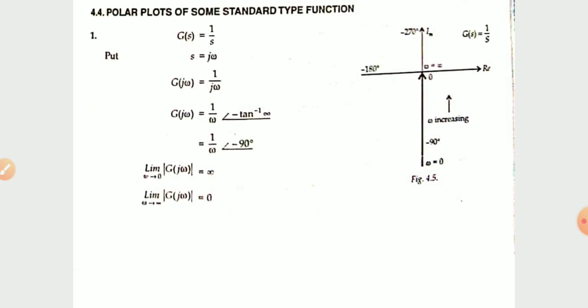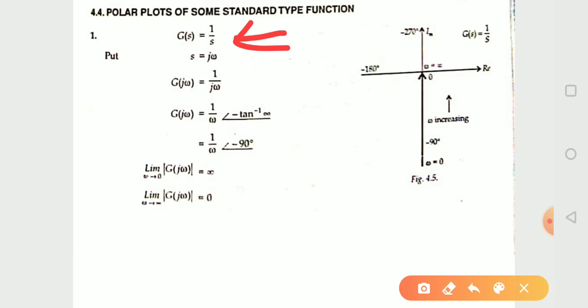Okay, so here we have G(s) equal to 1 over s. Our first step is putting j omega in the place of s.